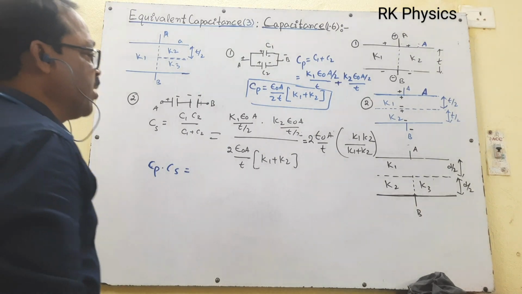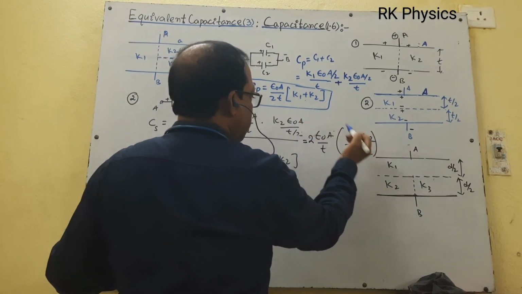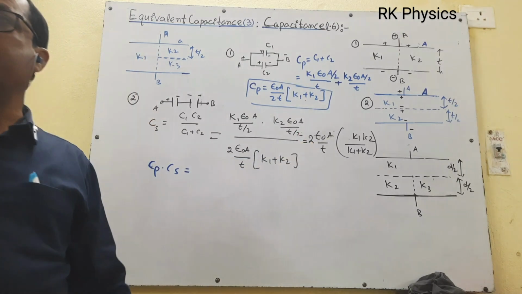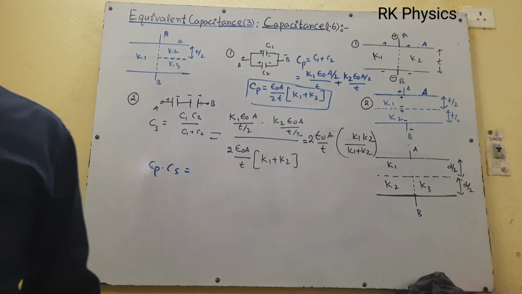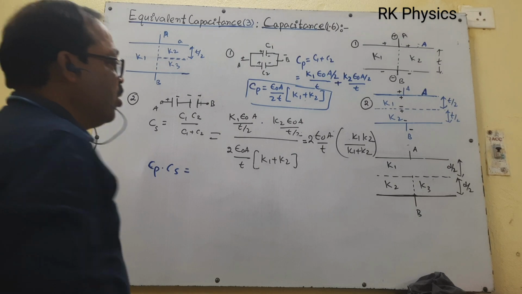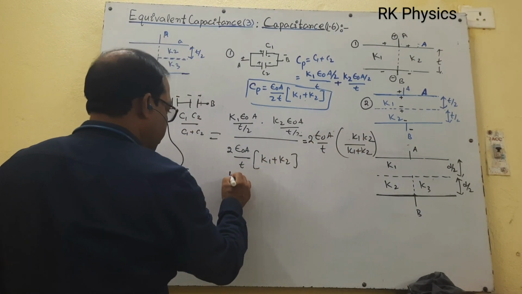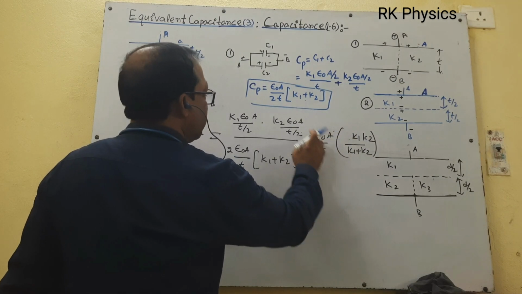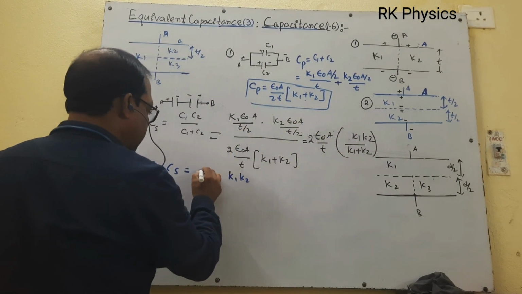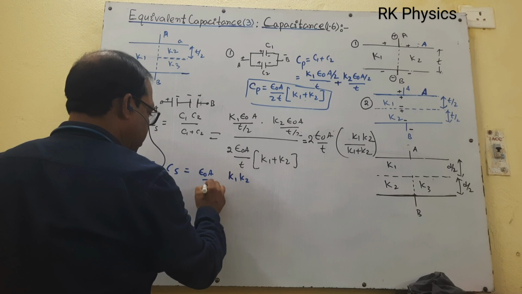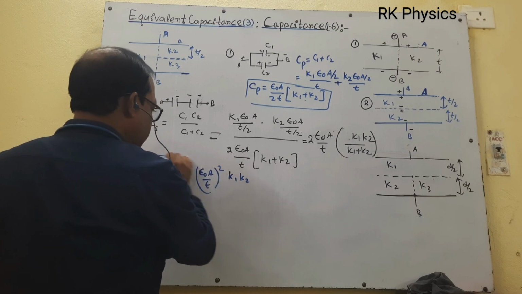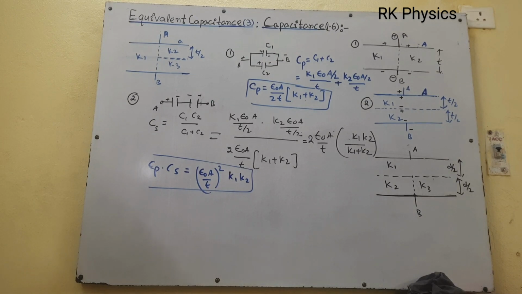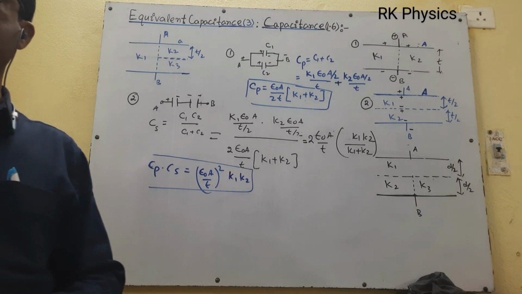If you take the product, k1 plus k2 cancels, 2 cancels. Here k1 k2 in the numerator remains k1 k2. Then epsilon 0 A by t, epsilon 0 A by t twice, that means epsilon 0 A by t whole square. So this is the value of Cp into Cs.